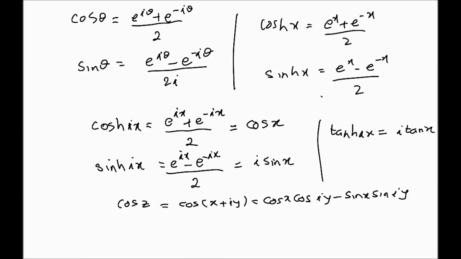Now if we go back to our definitions just above, we can replace the cosine iy. Using the same arguments as here, we could very easily show that cosine ix turns out to be equal to cosh x, in fact.